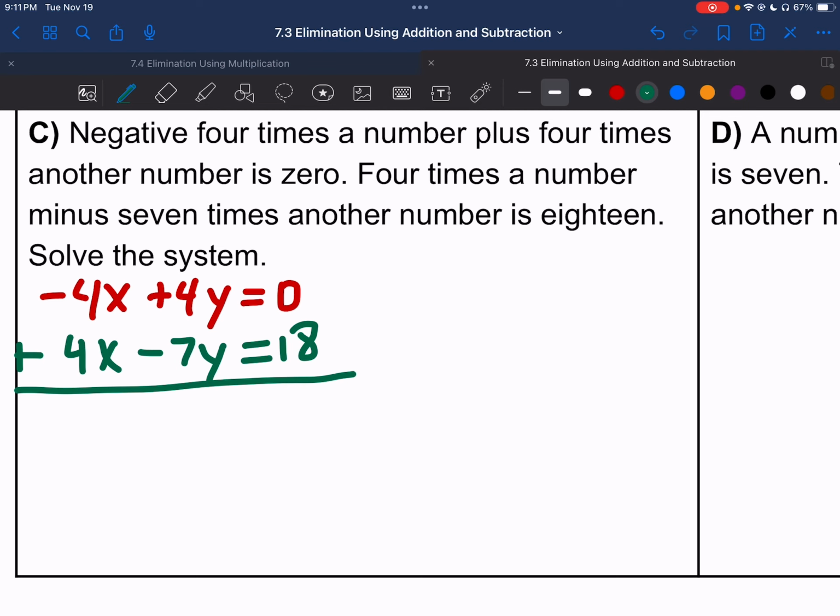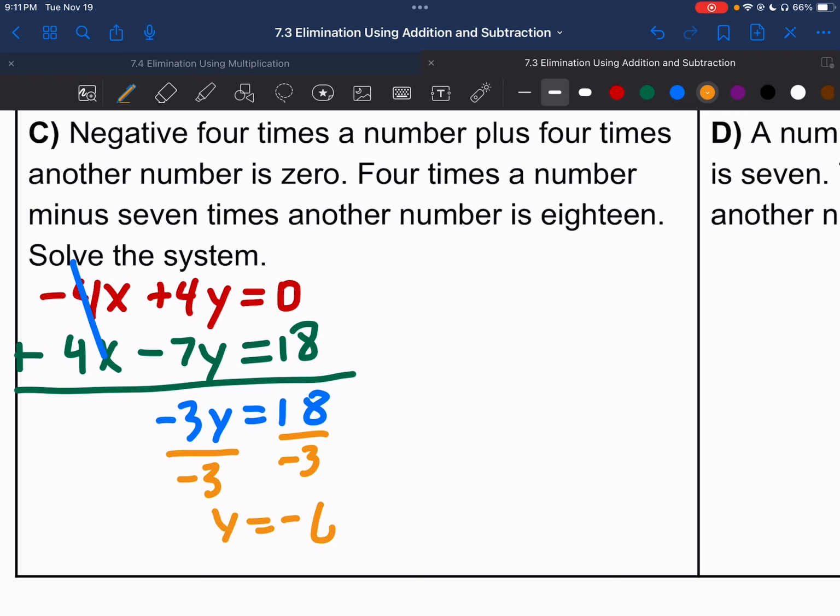So we add those two equations together. 4 and -4 cancel out. 4 minus 7y is -3y is equal to 18. Divide by -3. Y is equal to -6.